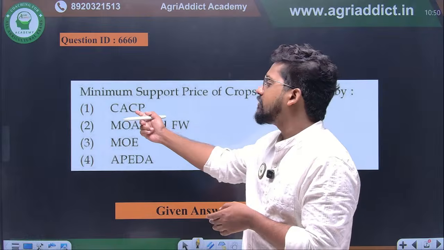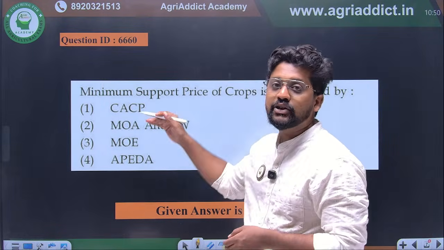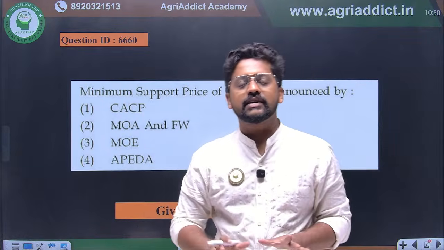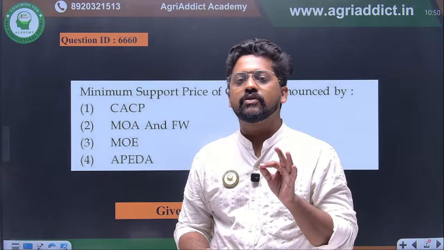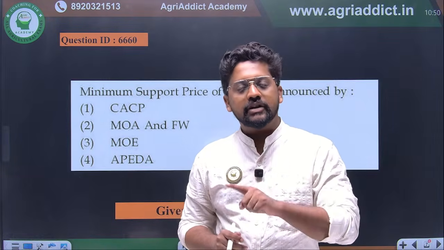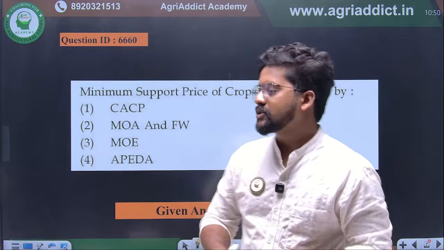So why have they given CACP here in the first option itself? Before reading the entire question, you may have to go and tick the CACP, right? So the fact is this: minimum support price is recommended and formulated by the Commission for Agricultural Costs and Prices, CACP. But the recommendation goes to the Government of India and the Government of India announces it, right? So what is the question here?